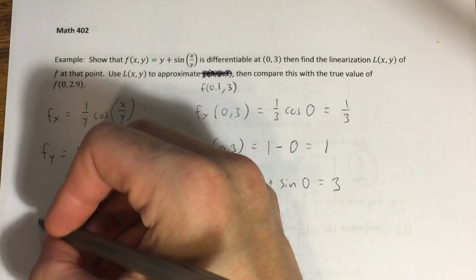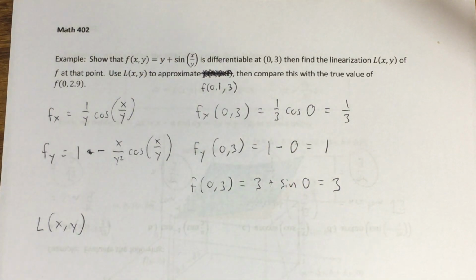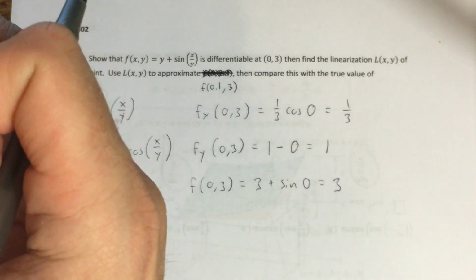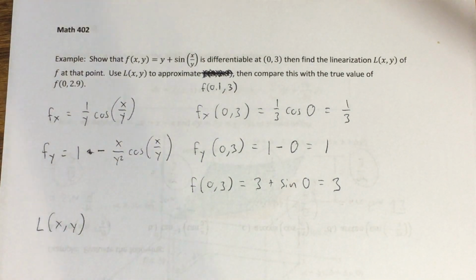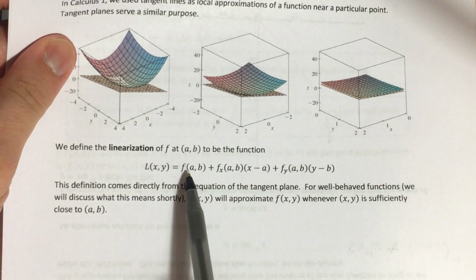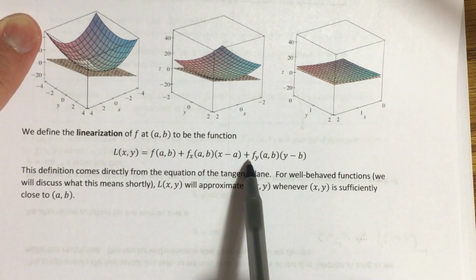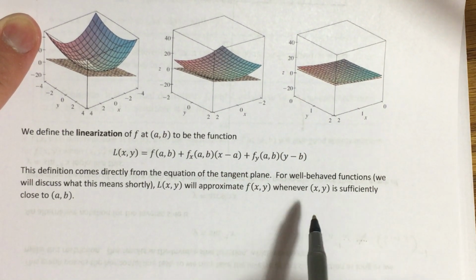So what is the linearization then? L of x, y. I'm going to go back to my function for the linearization. This is how we find our linearization. It's f of (a, b), that's what we just found, f of (0, 3), plus fx of (a, b) times x minus a, plus fy of (a, b) times y minus b.